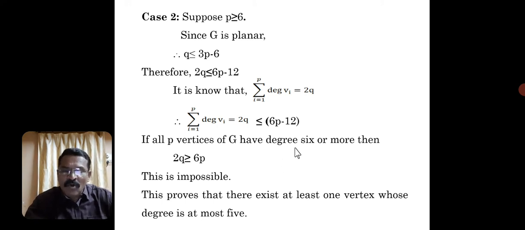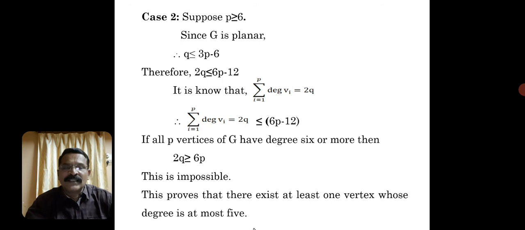So this is impossible. So this proves that there exists at least one vertex whose degree is at most 5. Of course, the degree of all vertices may be 6 or more, but there is at least one vertex whose degree is at most 5, that is maximum 5. So this is a simple proof.